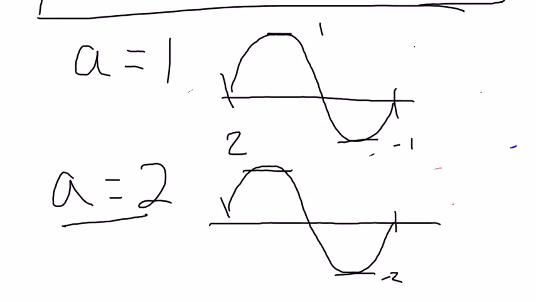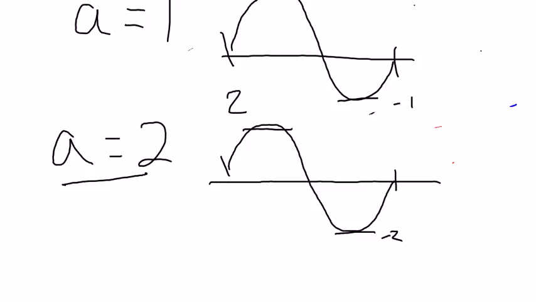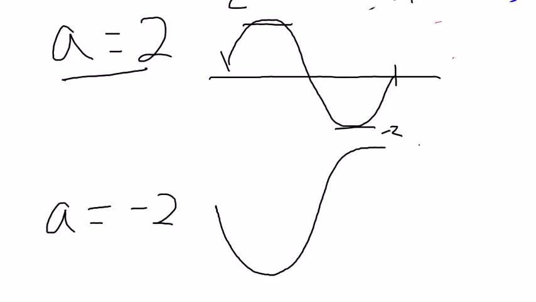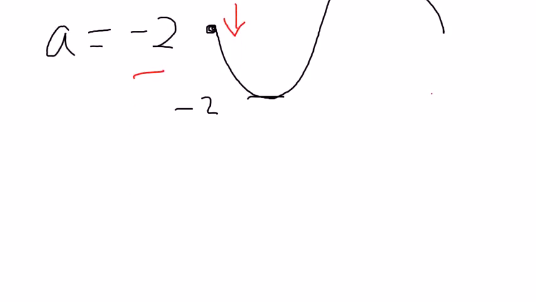And obviously you know what's going to happen if I change it to negative. Let's go A equals -2. Well, this time we'd start going down, up, and back down. We'd still get to 2, we'd still go down to -2, but we'd start going down first. But for the amplitude, it doesn't matter what the sign is.